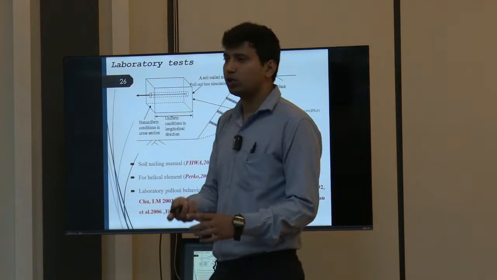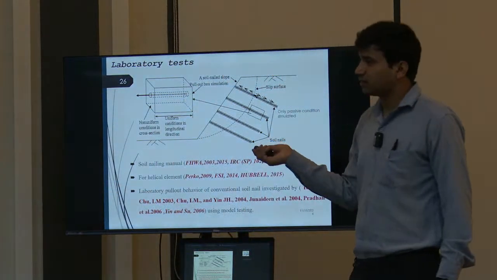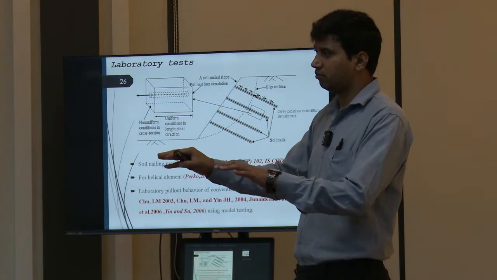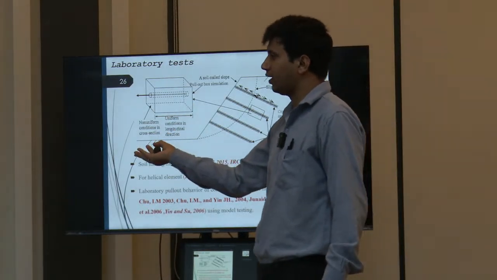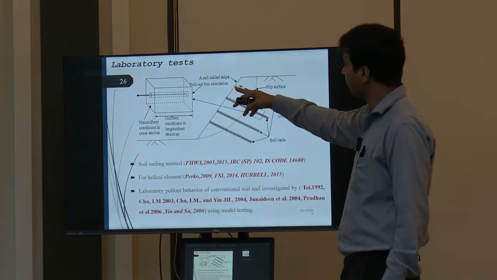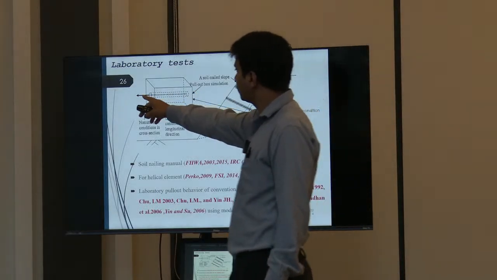You can use your model specimen. If the soil sample is the one at your site, you fill the tank with the sample by maintaining equal relative density and the field condition. Then apply the force over here.